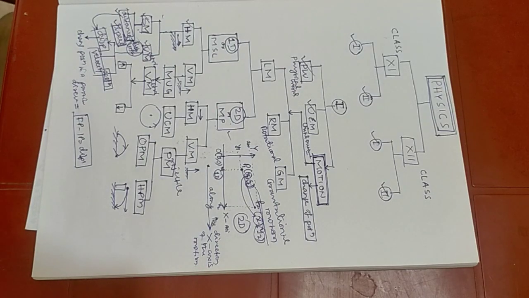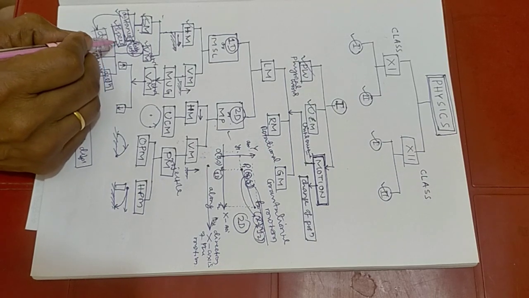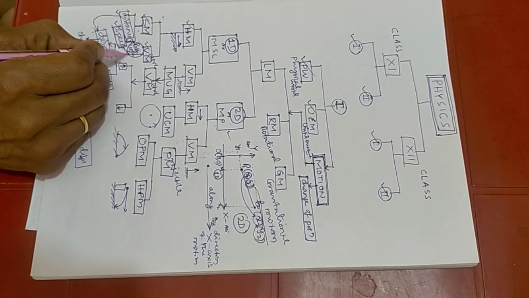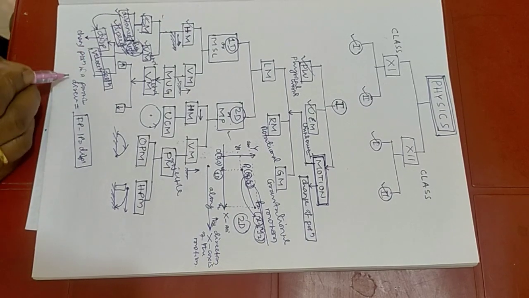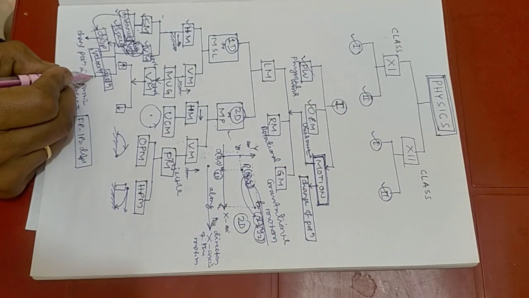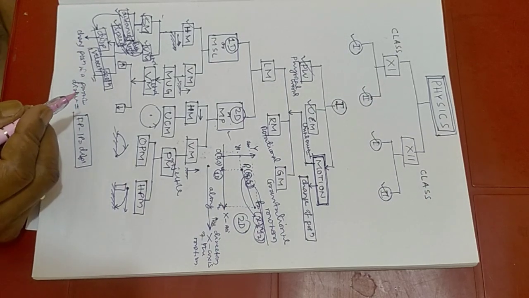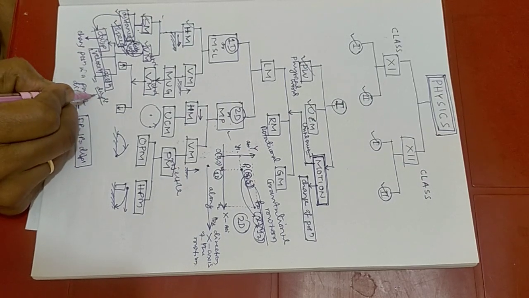Now, speed is the distance by time, and velocity indicates the rate of change of position, which is equal to displacement by time.